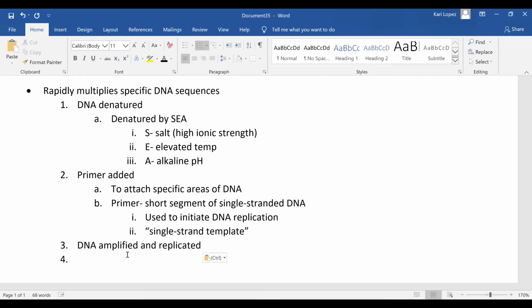Okay, so your DNA is amplified and replicated. So each one of these cycles doubles the amount of DNA.